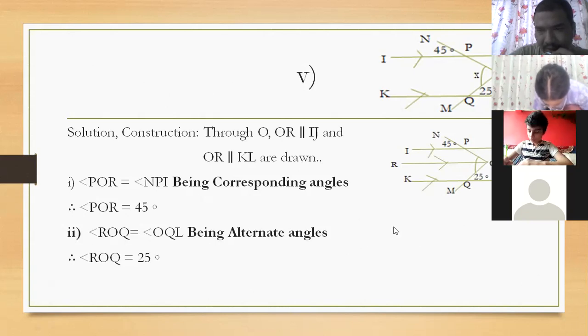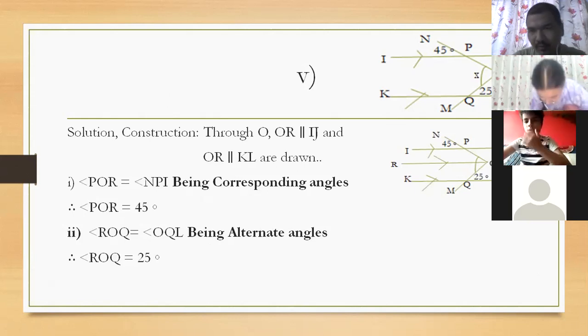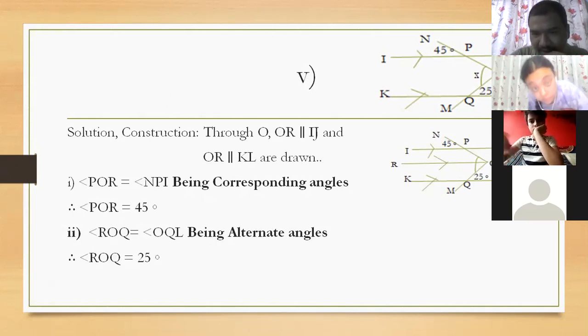Aviral, are you clear about this question, the solution? Hello, Aviral? Yes, sir. Now, which angles do you have to add? Can you tell what will be the value of x? Sir, 70 degrees.